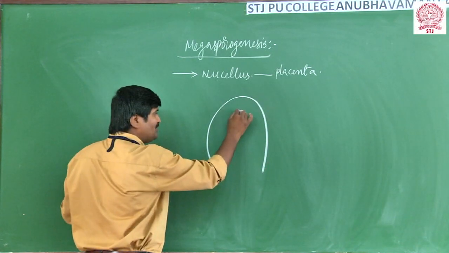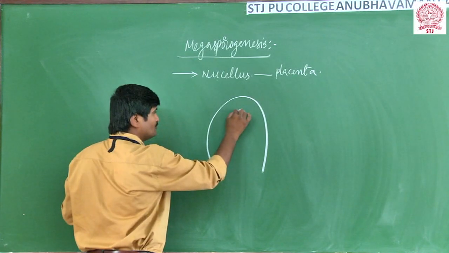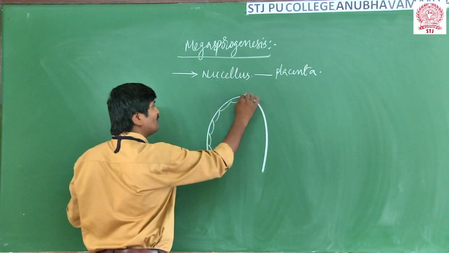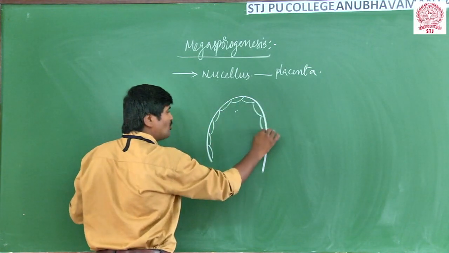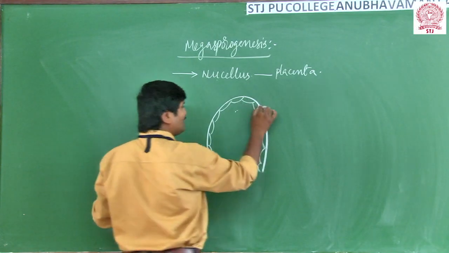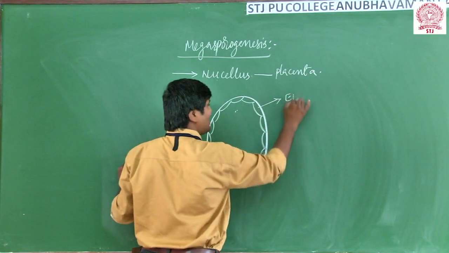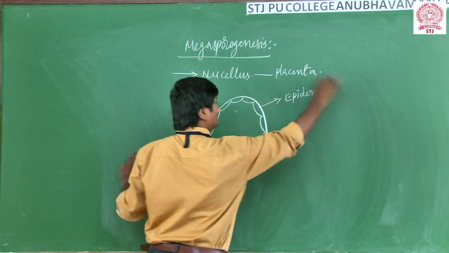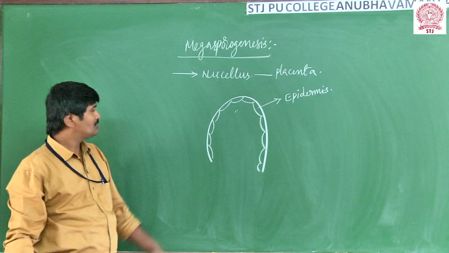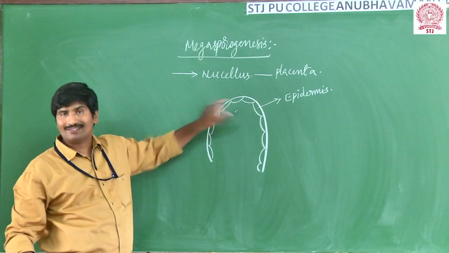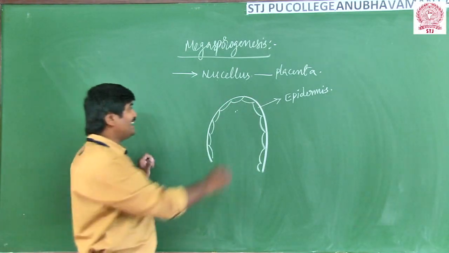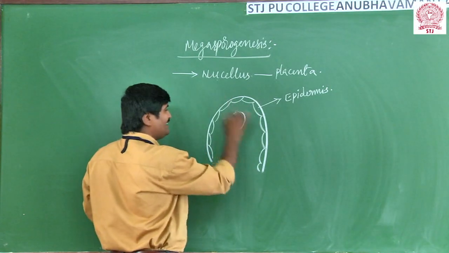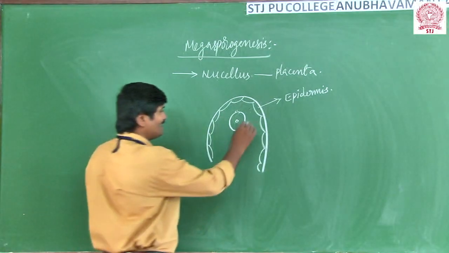See here the structure of the nucellus. The mass of nucellus is enclosed by a common layer. That layer is known as the epidermis. One of the hypodermal cells in a nucellus is differentiated as the archesporial cell. It is an archesporial cell.